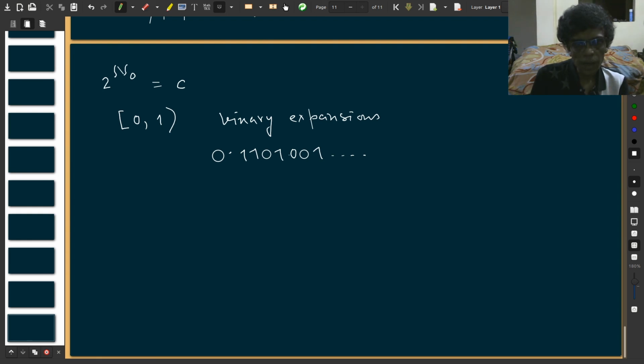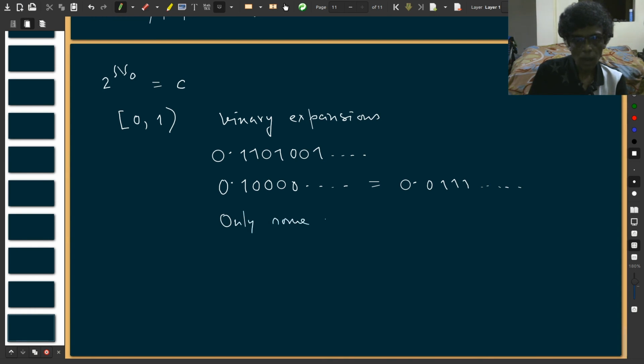There is only one problem. Again, terminating expansions have something like this. This is same as all ones, right? But this is not a big issue because only some rational numbers have terminating expansions.